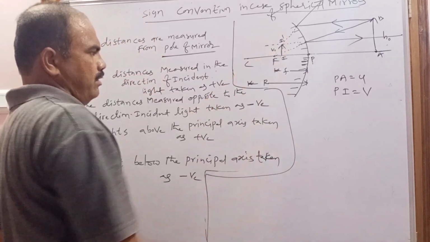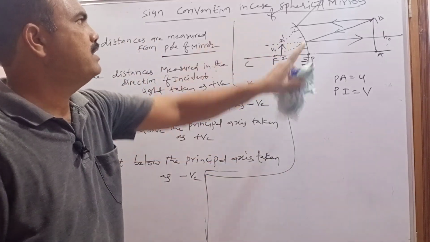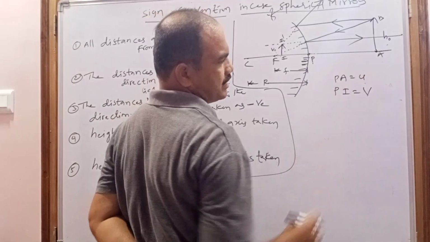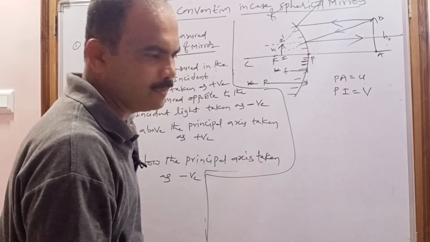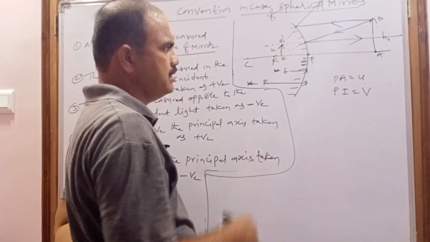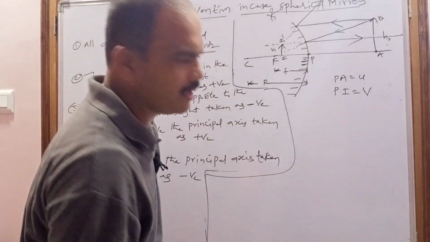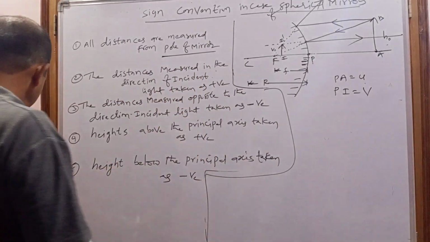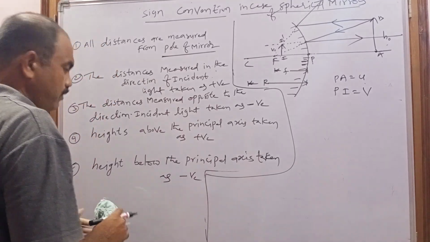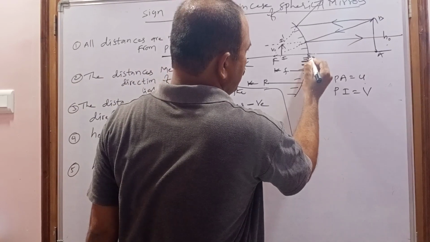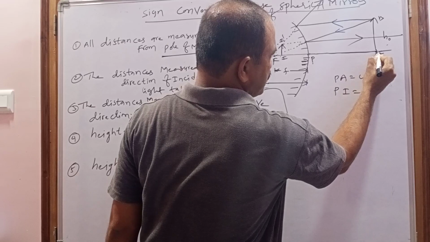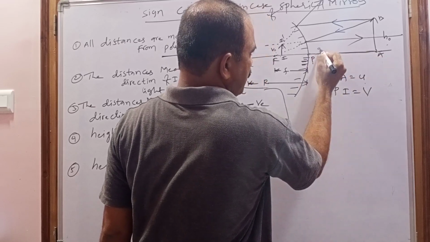Now I am applying the sign convention for this mirror. First of all, I am calculating the object distance. All distances, whether object distance, image distance, focal length or radius of curvature, must be measured from the pole. When measuring the object distance, you move from the pole towards the object, in this direction.